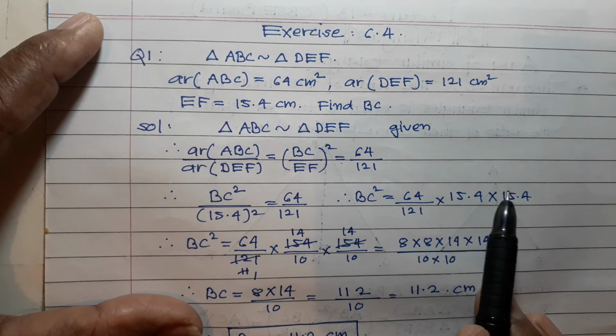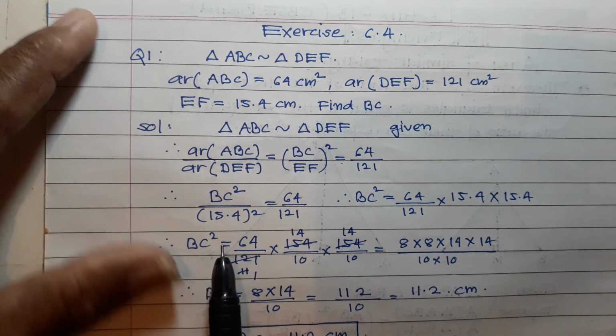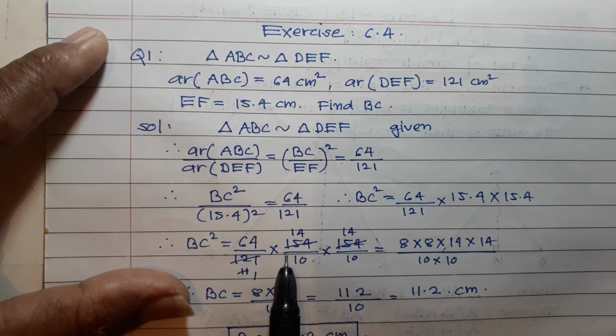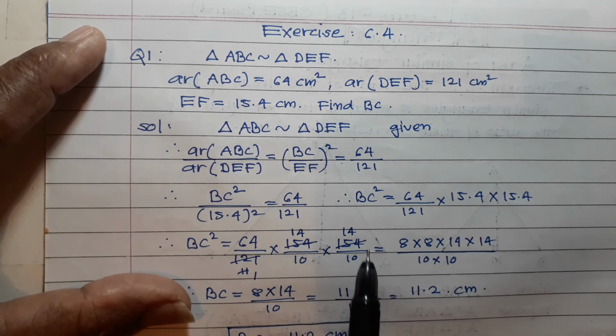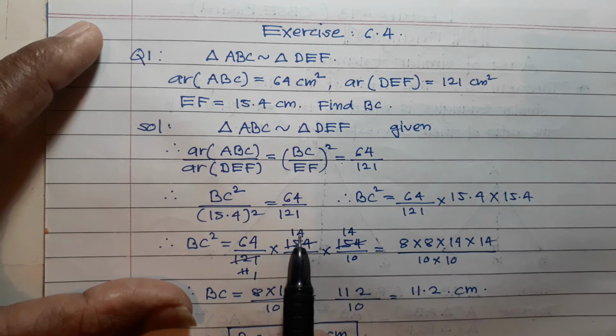If you simplify, this is divisible by 11. So BC square is equal to 64 upon 121 into 154 upon 10 into 154 upon 10. So this is divisible by 11.